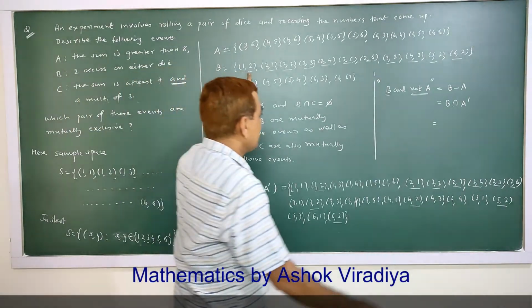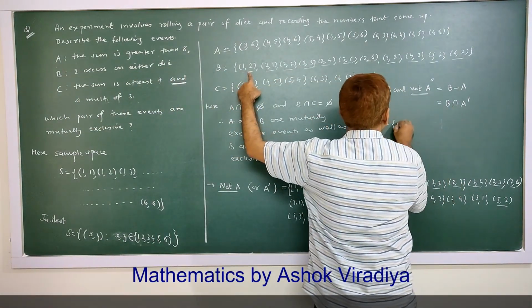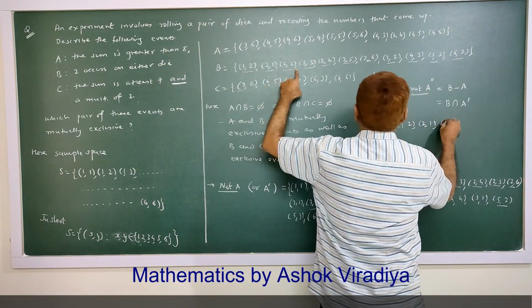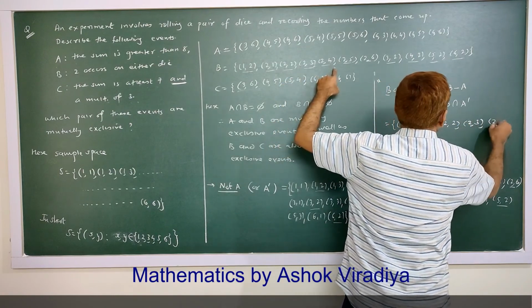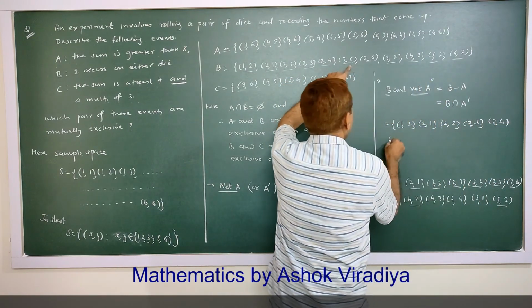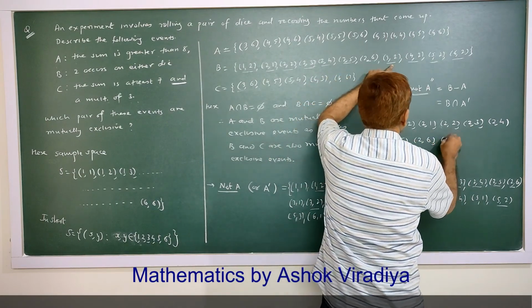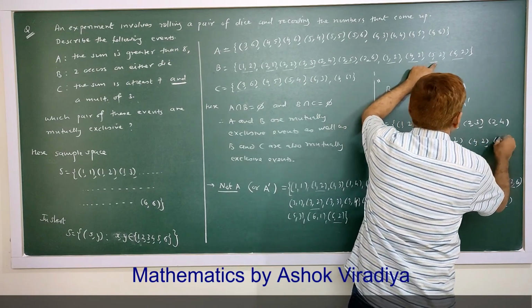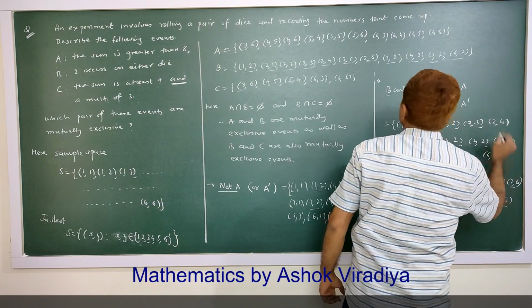So the intersection is the set containing 1 2, 2 1, 2 2, 2 3, 2 4, 2 5, 2 6, 3 2, 4 2, 5 2, 6 2.